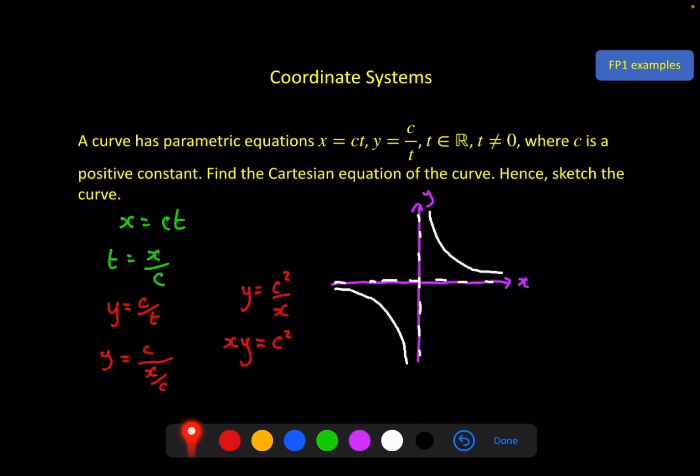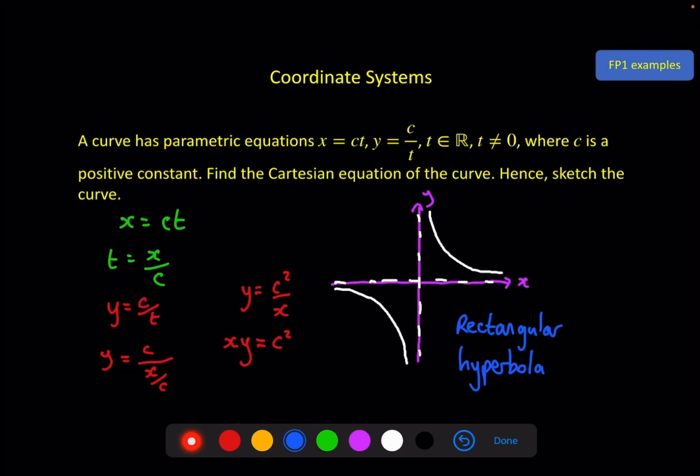And the asymptotes are there because you can't divide by 0 here, and if you bring this up on the other side and bring the y down, you can't divide by 0 there either, which relates to this t not equal 0. So this is the second curve in this chapter that is used over and over again. We had the parabola on the previous page. This one is called a rectangular hyperbola.